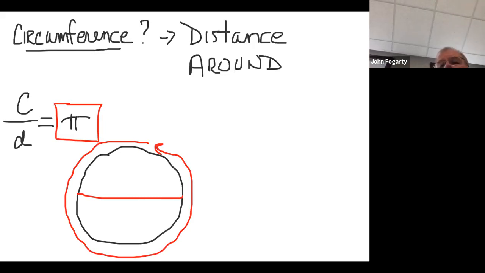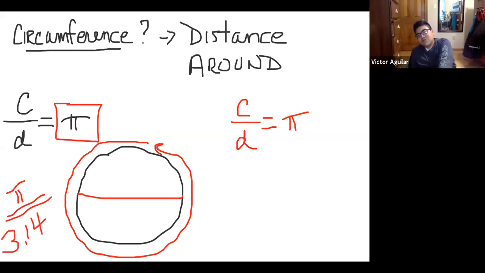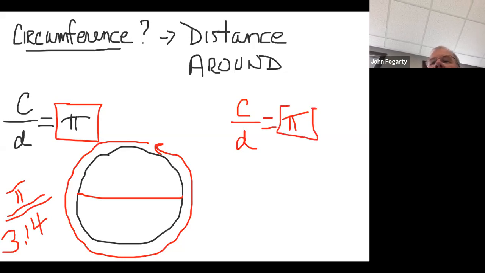So every circle, this has to be true, right? Now pi, we can estimate pi to be what? What's your estimation for pi? 3.14. That's an estimation. If you ever see the word exact, that simply means do not change pi to 3.14.